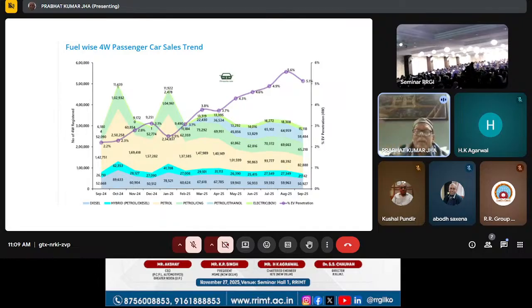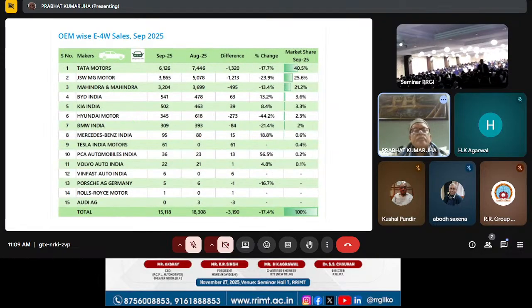If you want to develop your own unit, you can work on the basis of that. And then OEM-wise E4W vehicles, September 2025: you see the data, the market share, the percentage change, and the difference between September 25 and August 25. You can go through Tata Motors, Mahindra, Volvo, and so on.